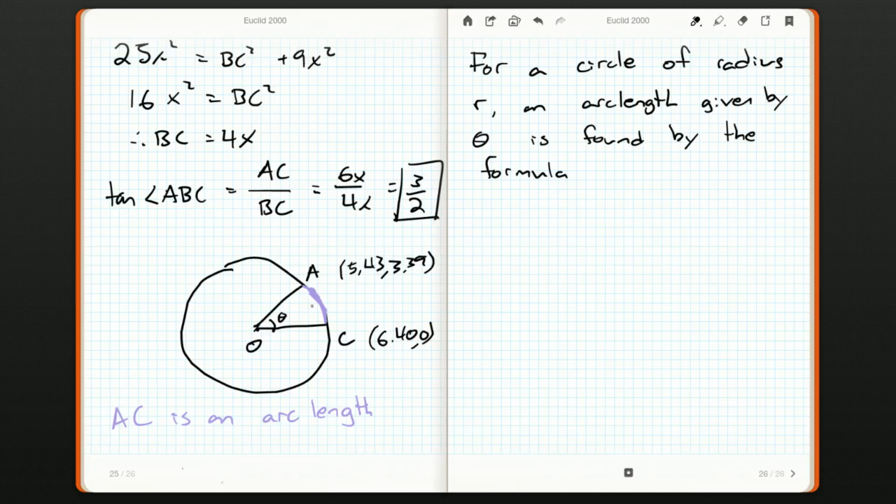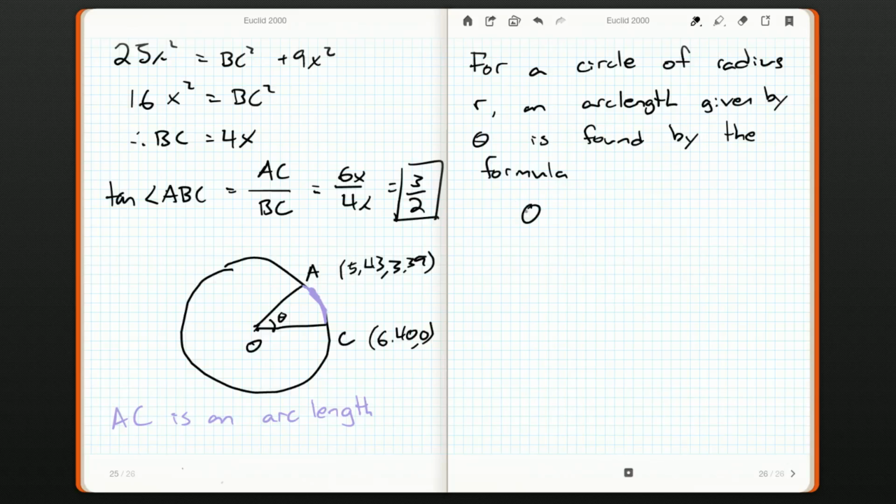Okay, once we have this theta, we have to assume whether or not theta is in degrees or radians. That does change our formula ever so slightly. So I think I'm going to use degrees in this question. No reason not to. Most calculators default to degrees.